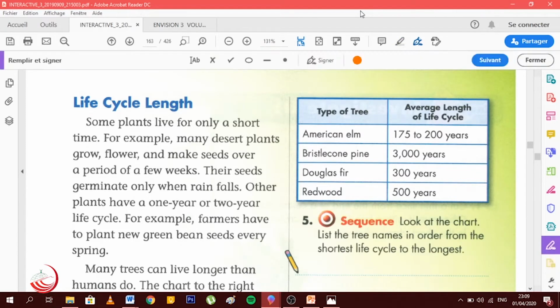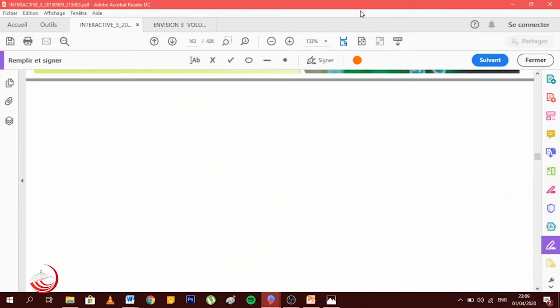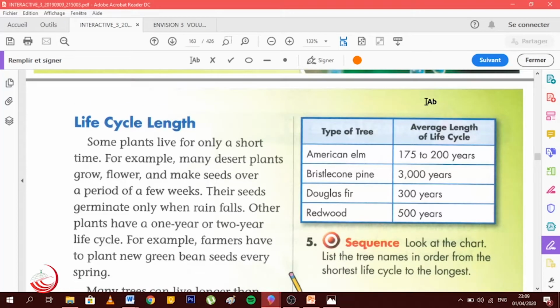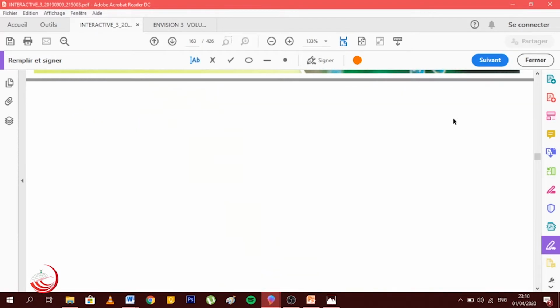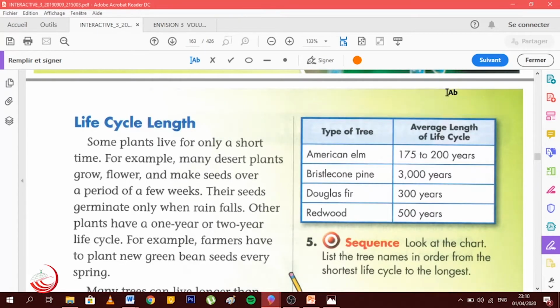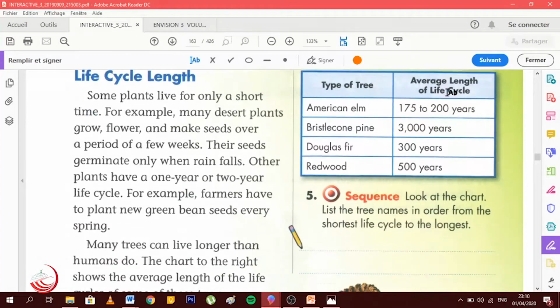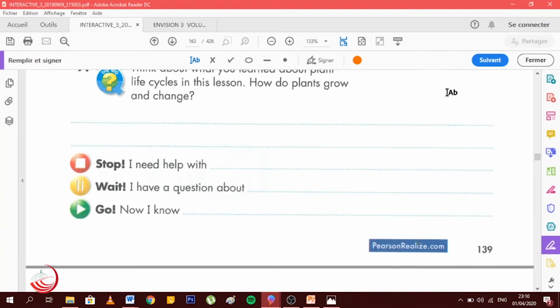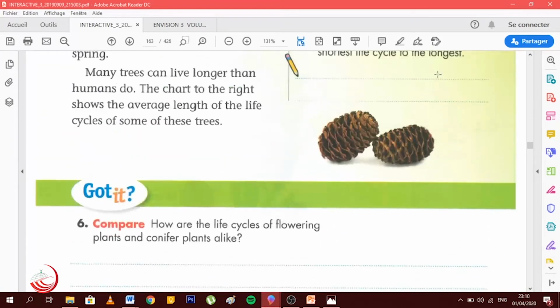Before we start, I believe that you all have your books in front of you. I want you to go to page 139, right here, and I want you to write today's date.